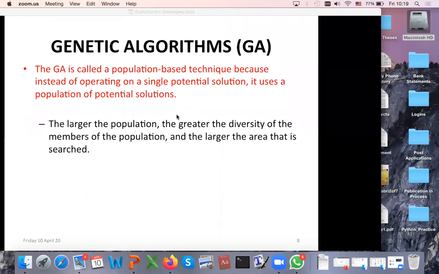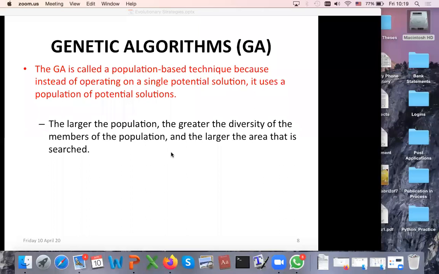Rather, we have now got an idea that in our population we have multiple members, multiple potential solutions, multiple chromosomes. So now in our updated knowledge of genetic algorithm, we have a larger population.